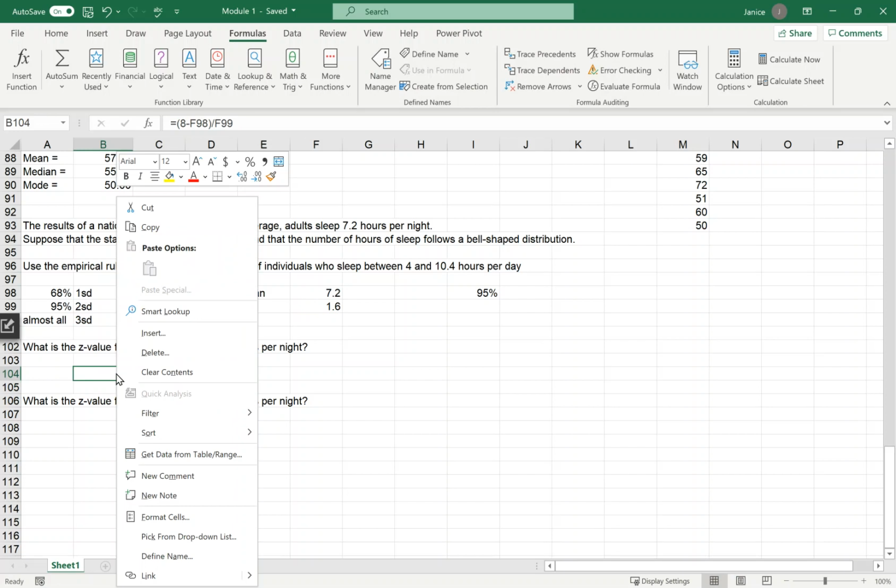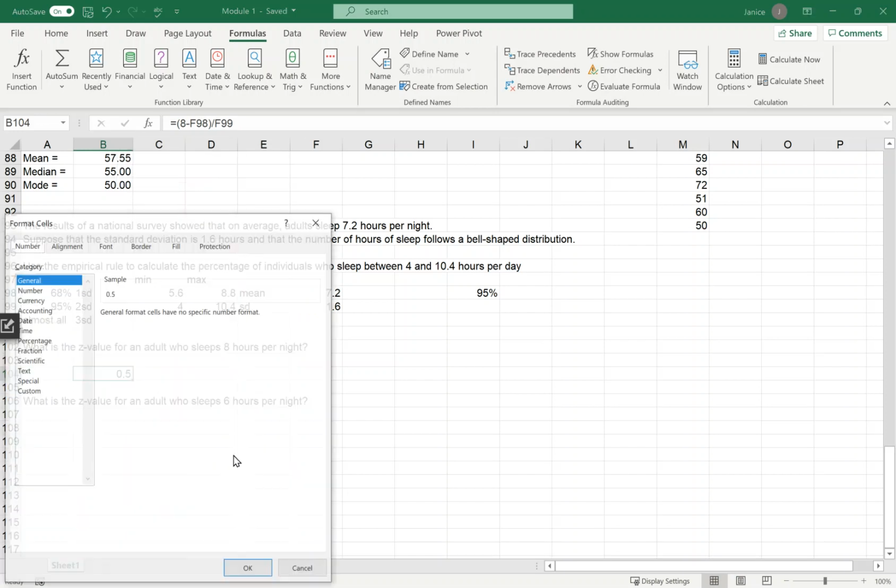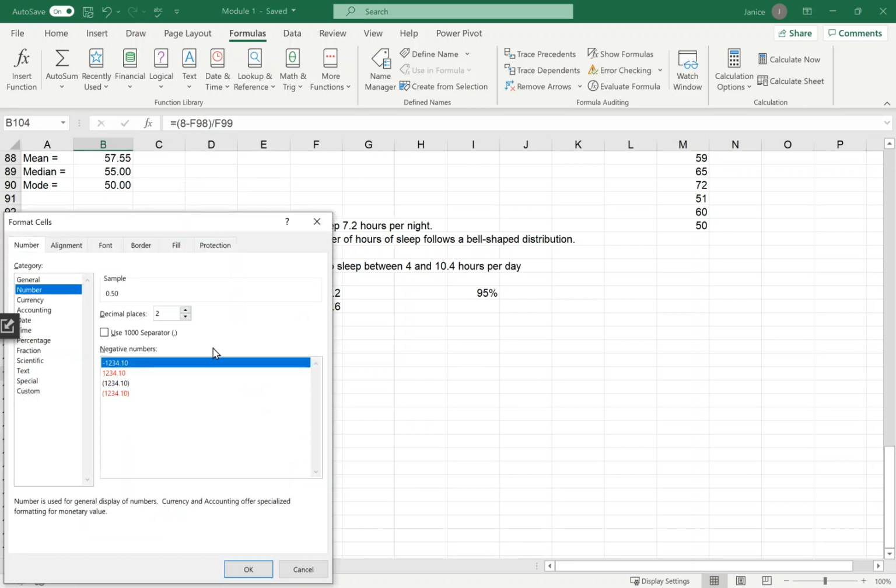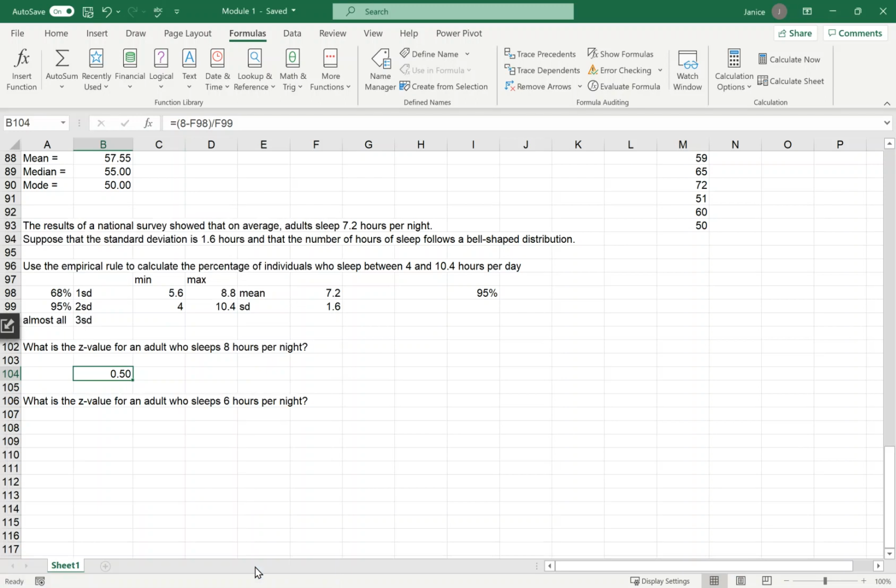Your assignment will tell you how many digits, how many decimal points. It'll usually say 2 or 4. So the answer is 0.50.